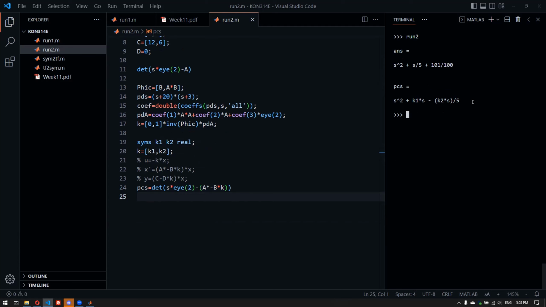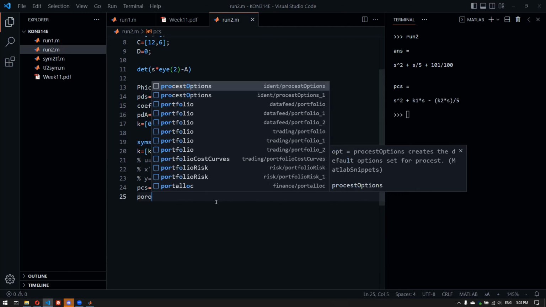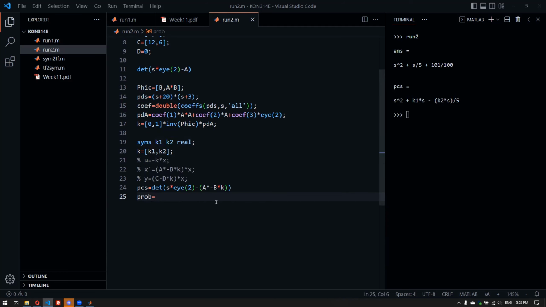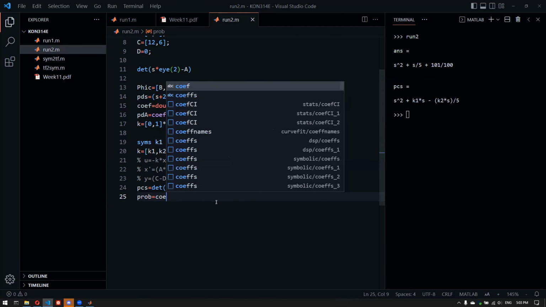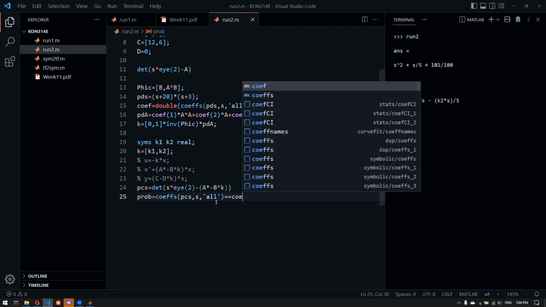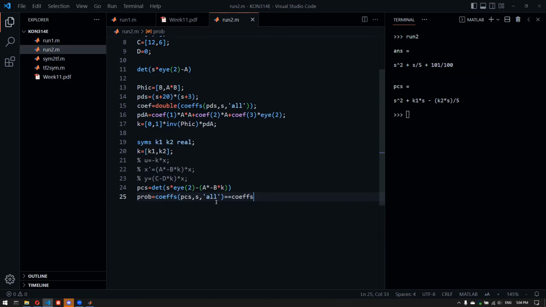Now, what I can do is solve it with the usual approach, using the coeffs method here. Let's get the coefficients of PCS, let's equate them to the coefficients of PDS, and let's solve the problem.